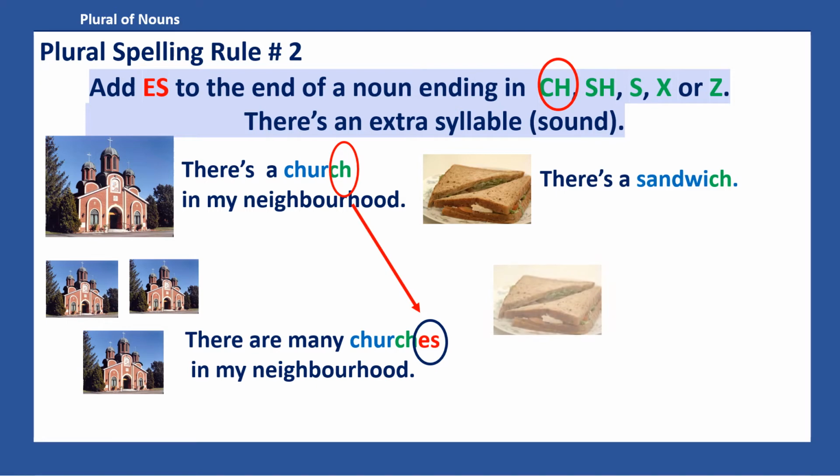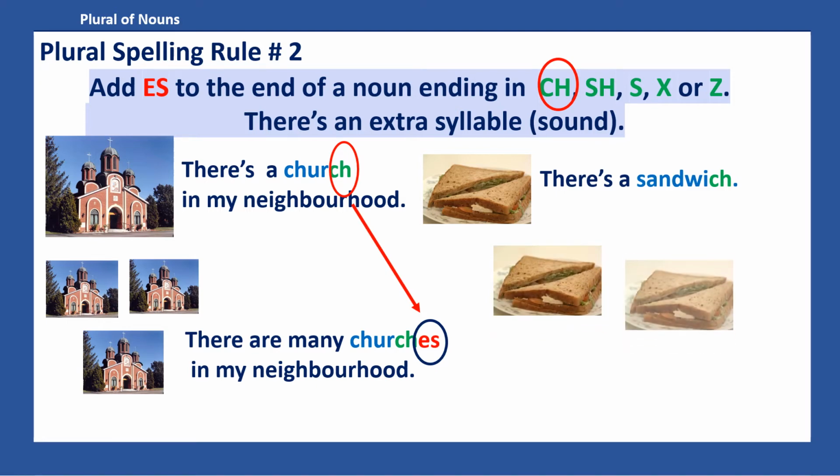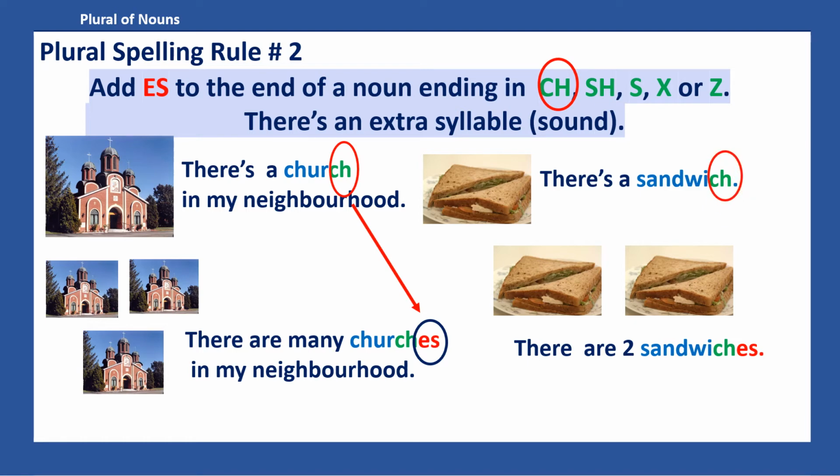There's a sandwich. There are 2 sandwiches. Look at the noun. What are the last 2 letters? ch. And to make sandwich plural, you need to add es. Sandwich, 2 sounds in the singular.